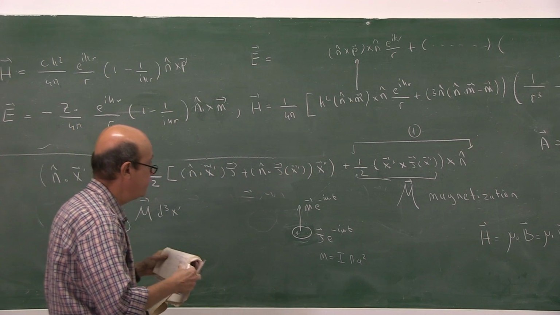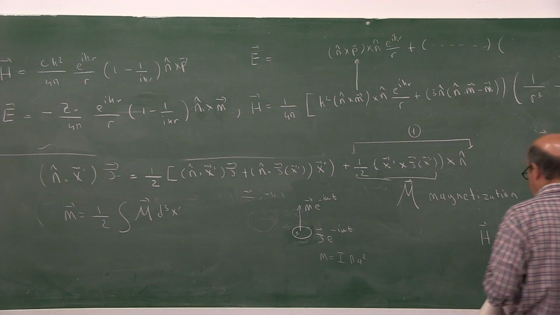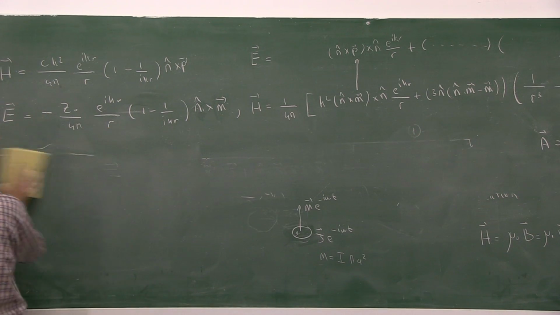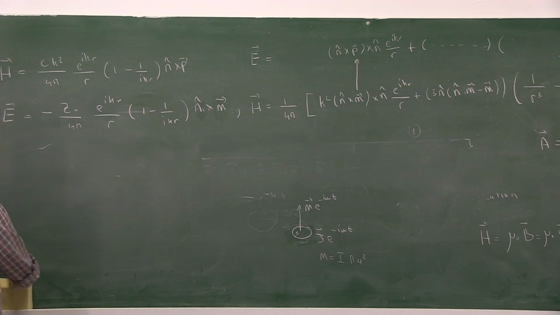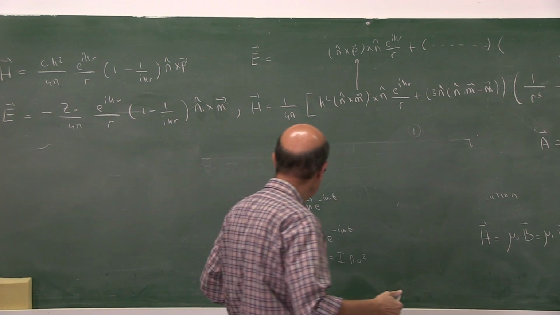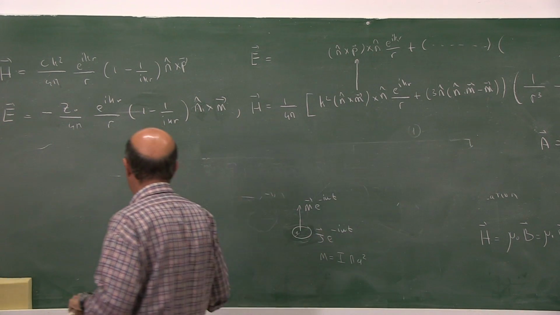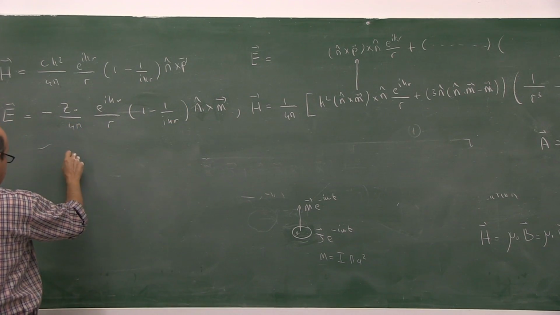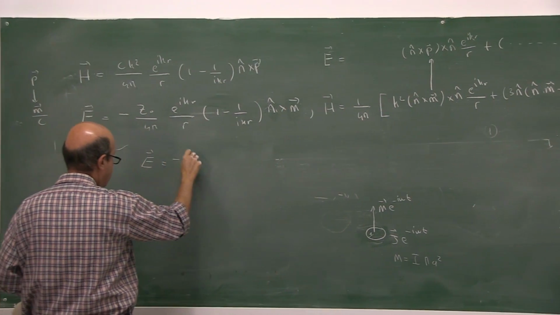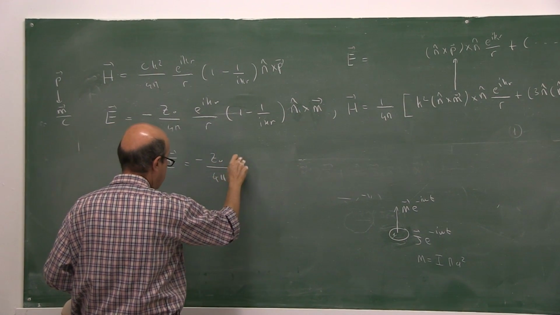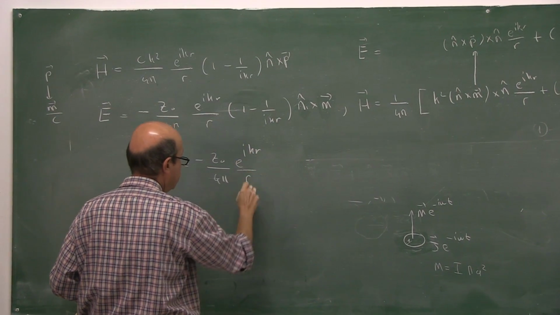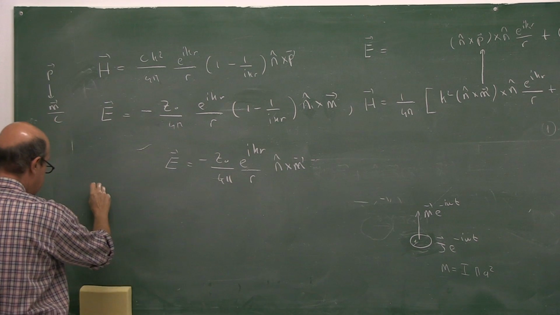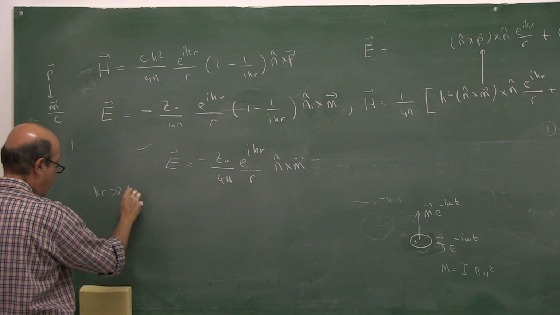In the far field zone, this term is dropped, and you will have the electric field as minus S0 over 4 pi, e to the ikr over r, n cross m, when kr is much greater than 1.